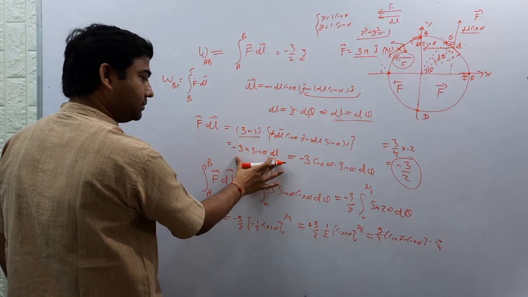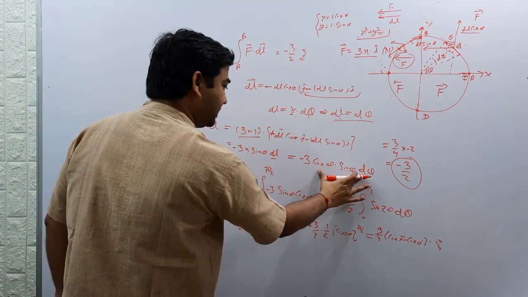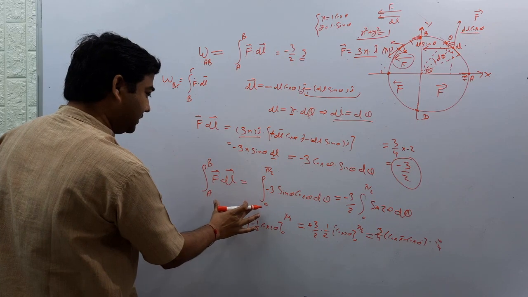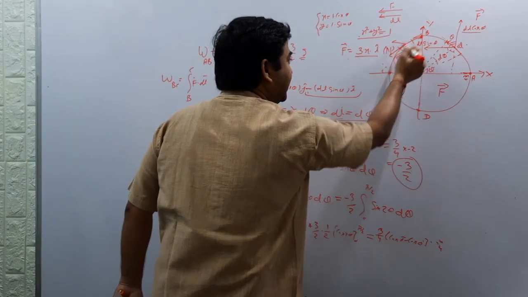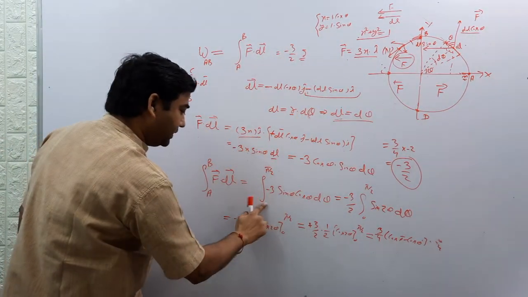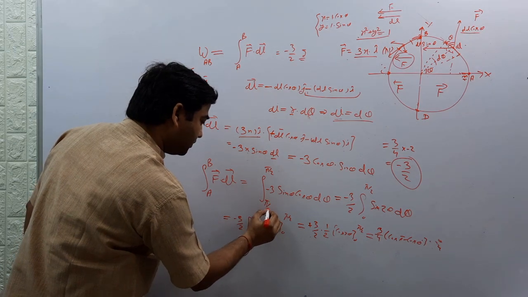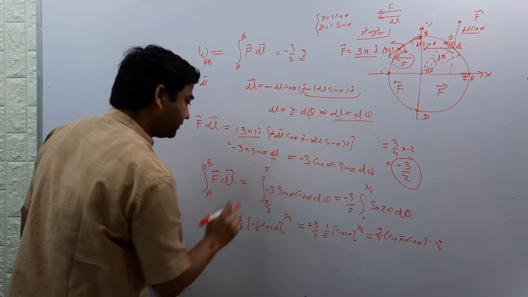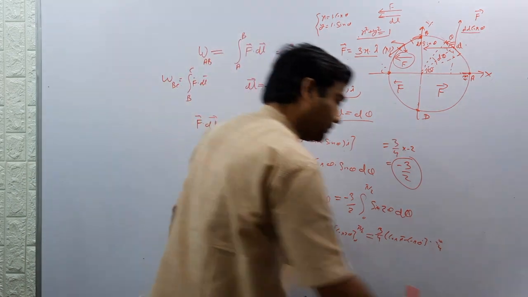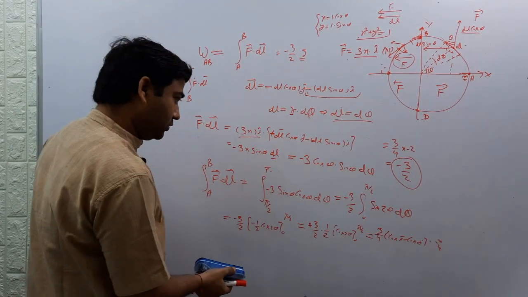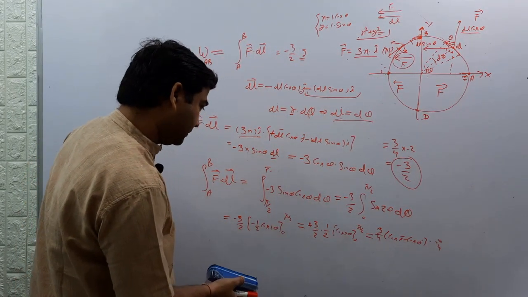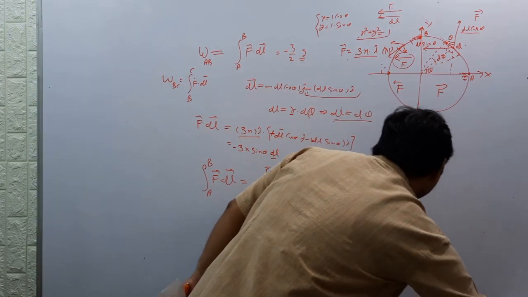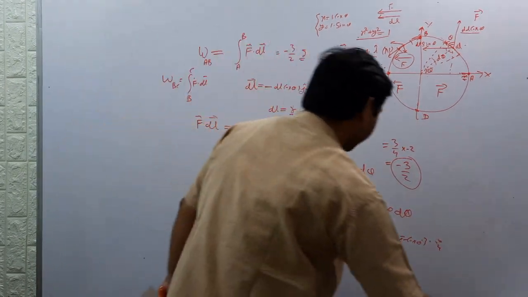Only the limit changes, from pi by 2 to pi. All these expressions will be the same.